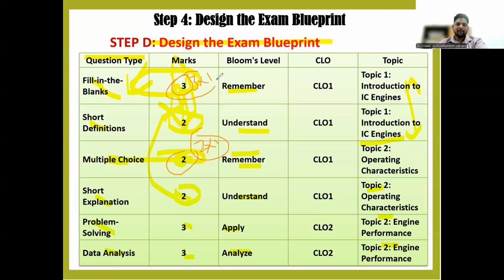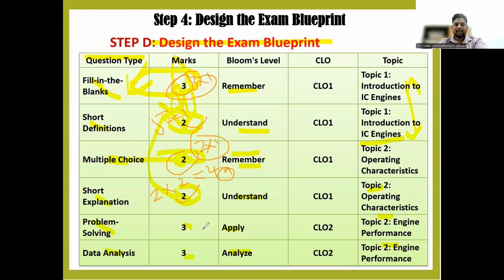Totally, I am having 5 one-point questions. And again, if you see short definitions, here 2 points and here 2 points, which cover your topic 1, and this covers your topic 2. So totally I have 5 points, and again I have 4 points. So totally 9 it happened.